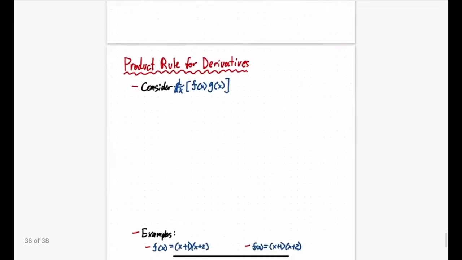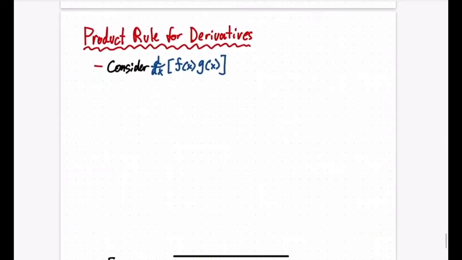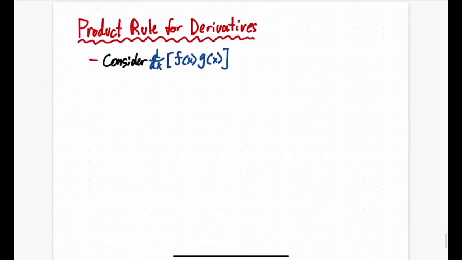and now let's move on to something that is a little bit trickier, a product rule for derivatives. So looking at this, we have two functions, f of x and g of x, that are being multiplied together. Now, intuitively, we don't necessarily know how to solve this. Sometimes it's easy if we can multiply f of x and g of x together to get one long function and then find the derivative of that using rules that we already have.